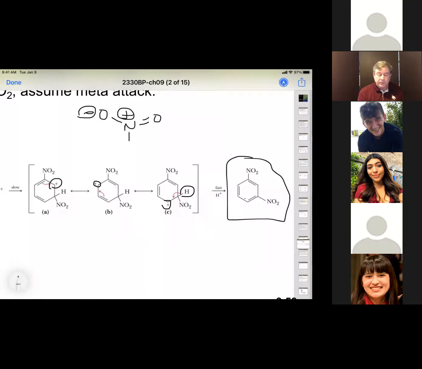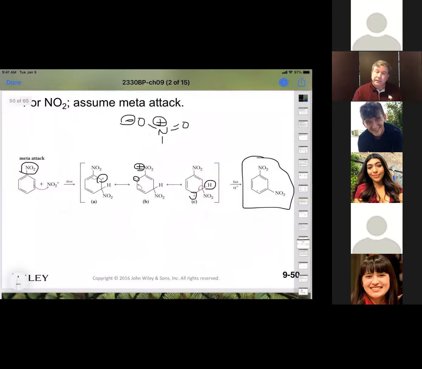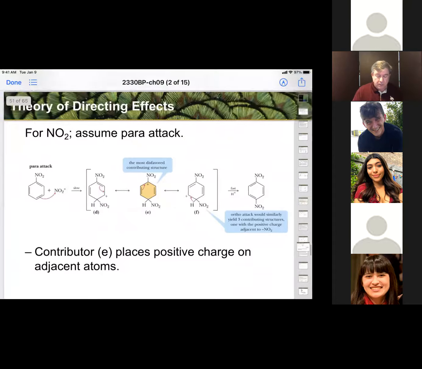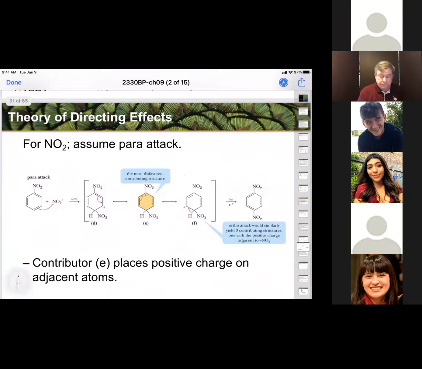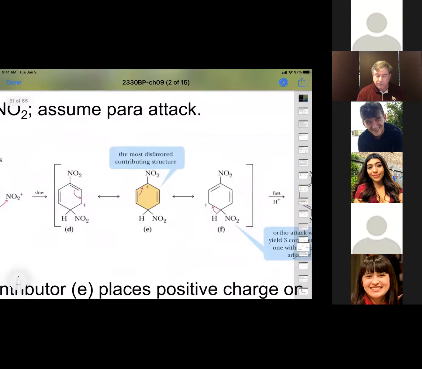Okay. So notice that we have a positive charge on nitrogen here, but it doesn't interfere with any of those positive charges moving around the ring. What if we attacked in a different position? Let's attack para. Okay. So let's do that para attack here. And what's going to happen is, of course, we're going to get our resonance structure with our positive charge on either side first.